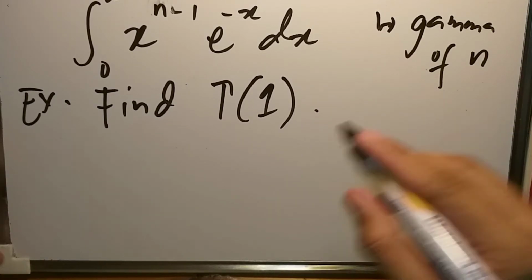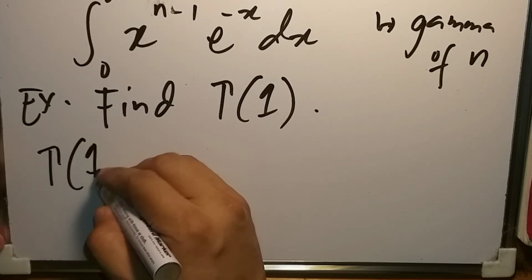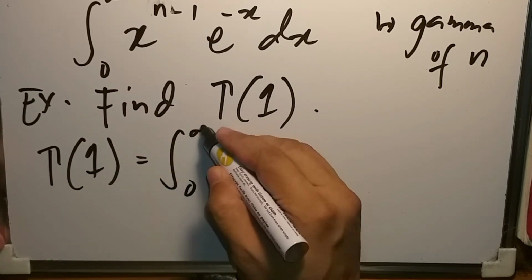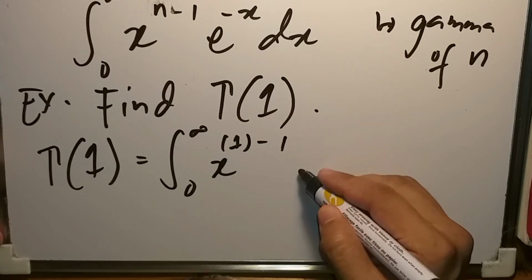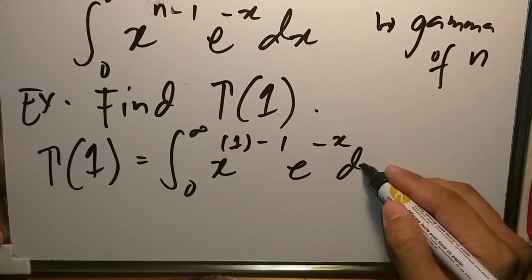To do that, we apply the definition of the gamma function: x to the 1 minus 1 times e to the minus x dx.